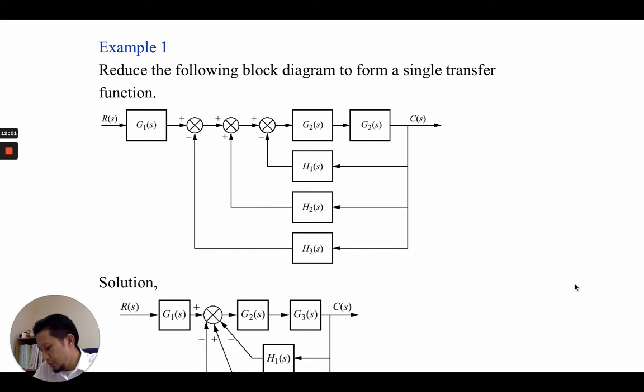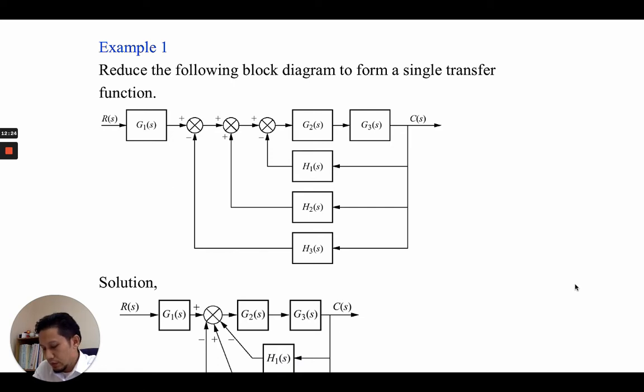let's go to example 1. Okay, we have here: reduce the following block diagrams to a single transfer function. So we can use different approaches to solve this problem.